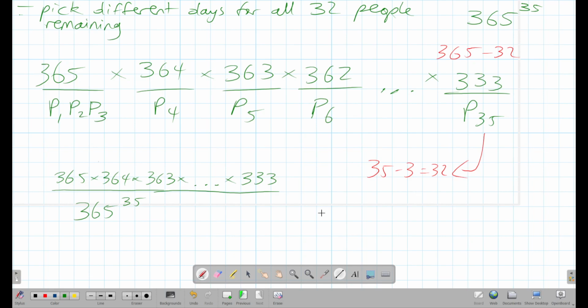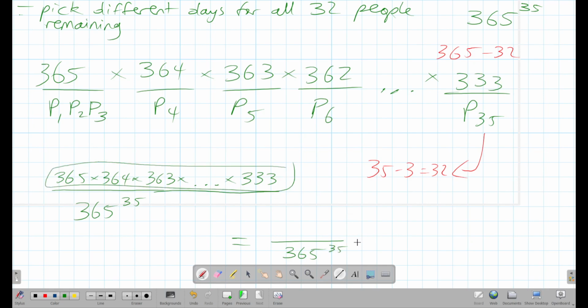How do you evaluate this with a calculator without writing out all of these numbers? Well, you make use of a convenient way to write it. The denominator is 365 to the power of 35.